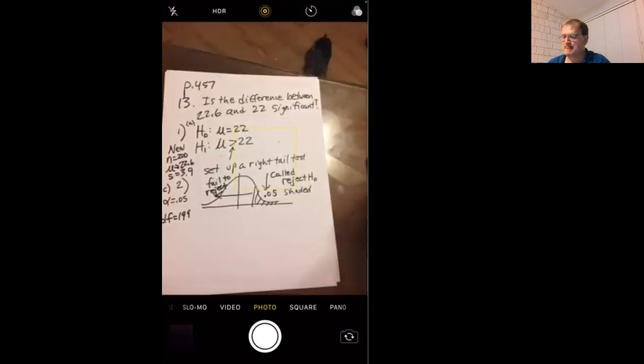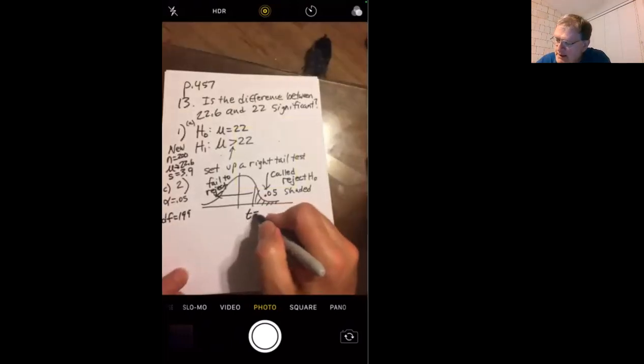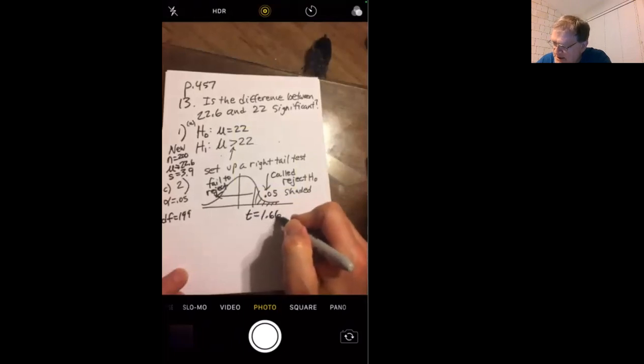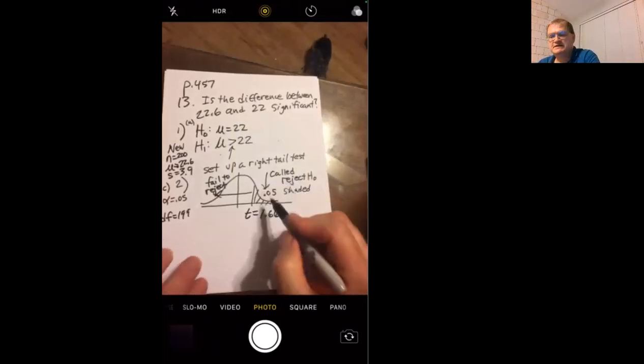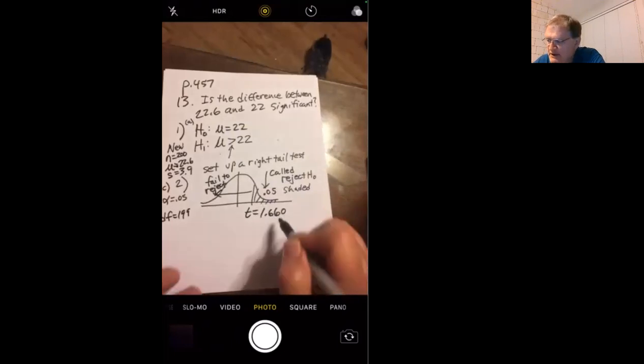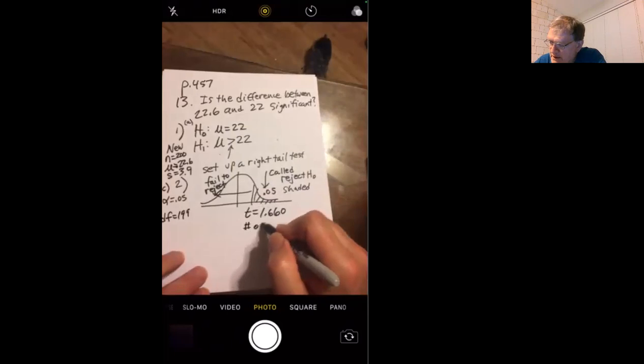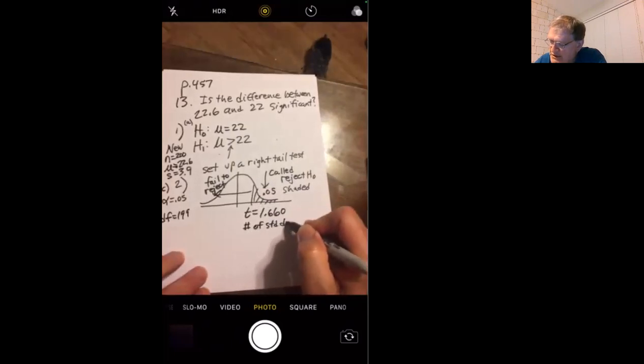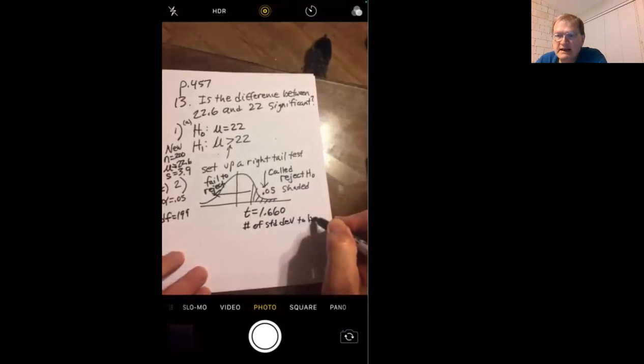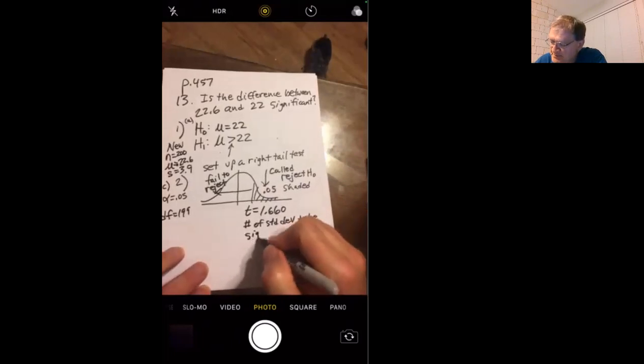And we'll use 100, 1.660. The significance of this is a t-value, the number of standard deviations to be significant.